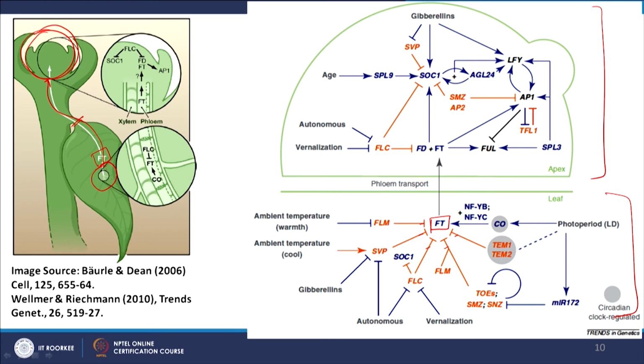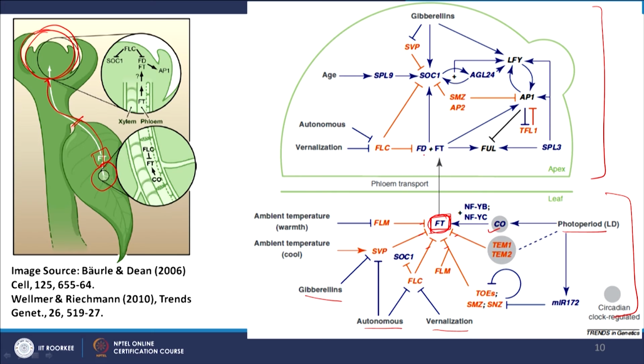But when there is the right photoperiod signal, photoperiod activates CONSTANS and CONSTANS activates FT. Other pathways like the vernalization pathway, autonomous pathway and gibberellic acid pathway are also working to activate FT, by repressing the repressor. So, eventually FT is activated in the leaf, and then it moves through the phloem to the shoot apex.